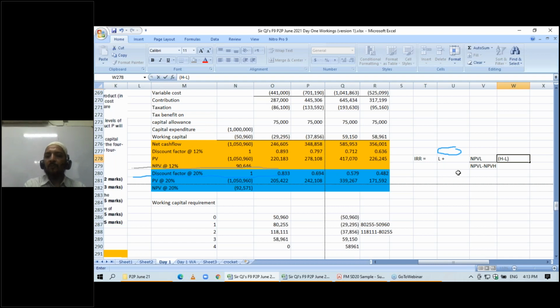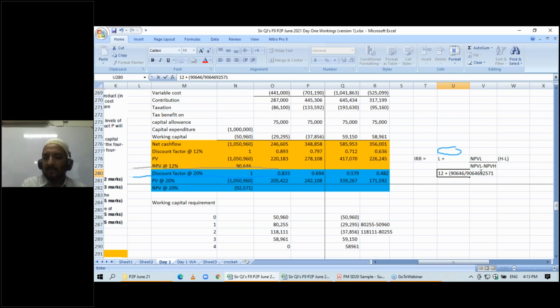Okay, if you put figures in this formula, the lower rate is 12% plus the NPV at lower rate was 90,646 divided by 90,646 minus into minus will become 92,571 because the NPV is negative.